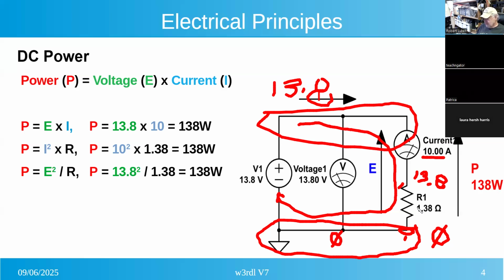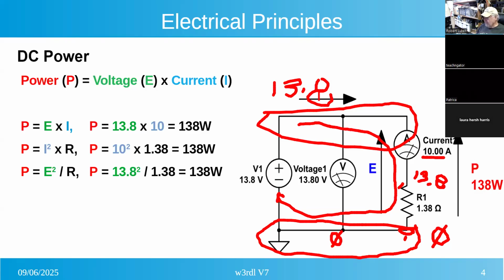It better be a big resistor. Which is to say it's stealing away 138 watts. It's converting that energy into heat. So it would be putting out 138 watts. It would be quite hot, because that's how resistors take away energy.